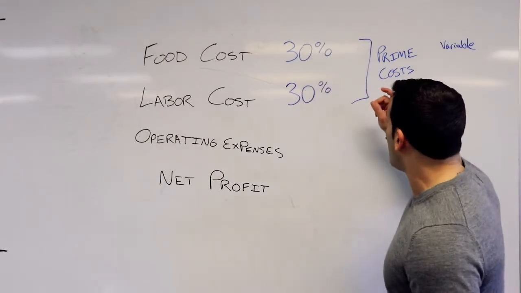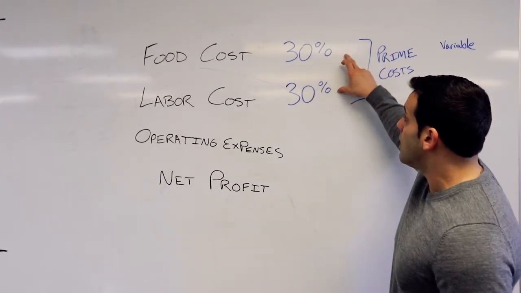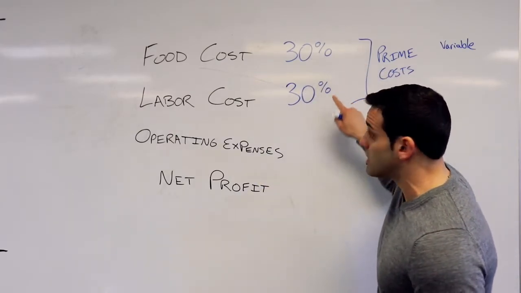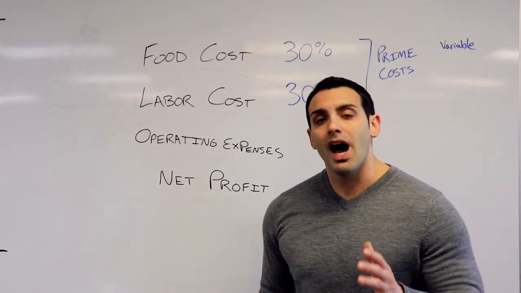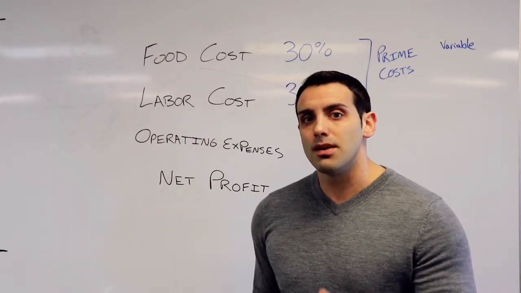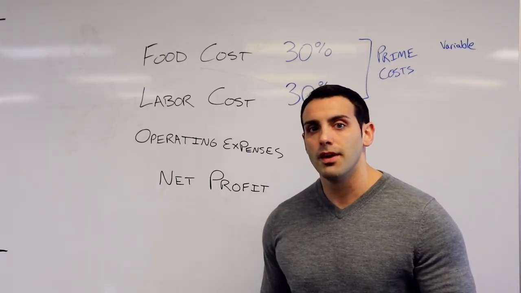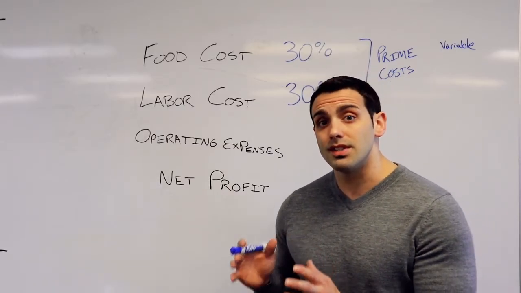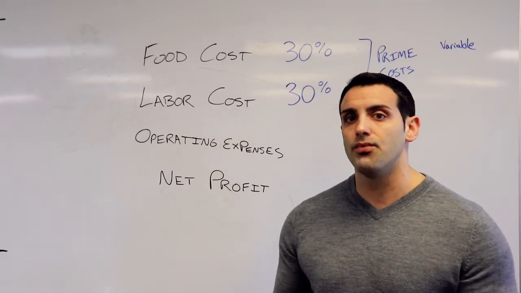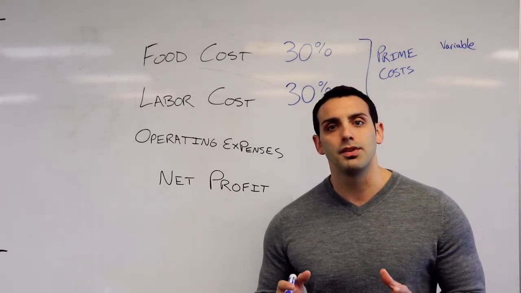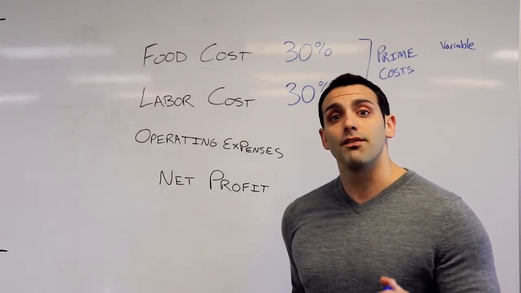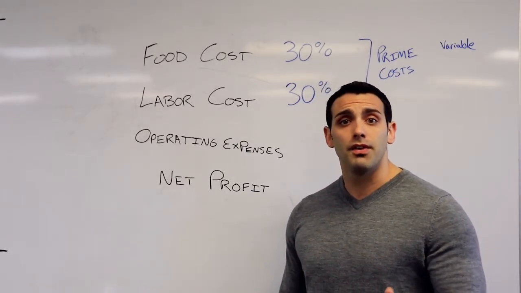So if I have prime costs that are around 65% instead of 60%, 30 plus 30, I know that you're going to have some difficulty paying all the bills. Now, if your prime costs soar to 70% or greater, I know for a fact you're not going to be able to pay your bills. So again, these two cost categories are very important and should be watched very closely.